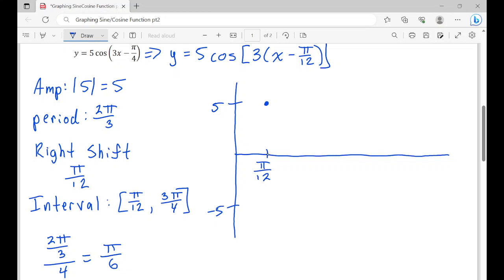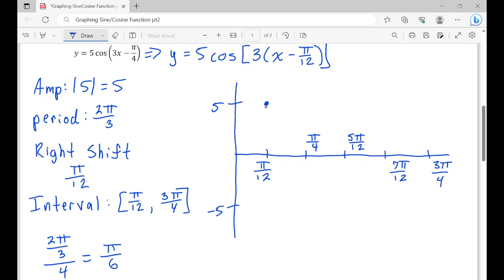So when I add pi over 6 to pi over 12 here, this is going to be pi over 4. Right here is going to be 5 pi over 12. Here is going to be 7 pi over 12. And then lastly here is going to be 3 pi over 4.